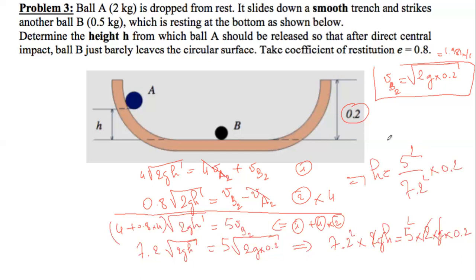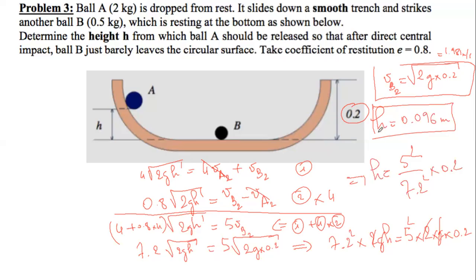You put everything and you calculate that H, it will give you 0.096 meters. That's H. I did it this way. You could have done it another way. You will find the same answer, obviously.